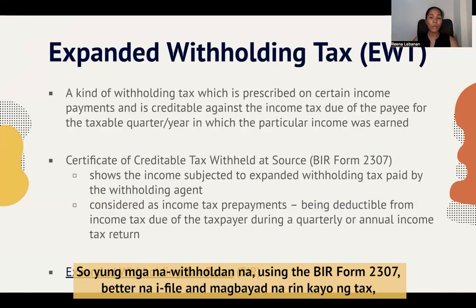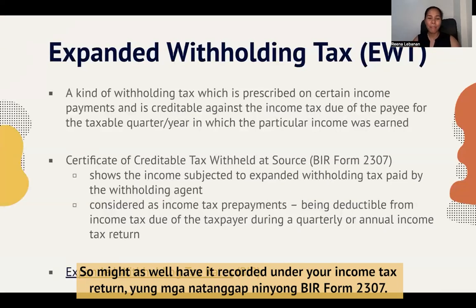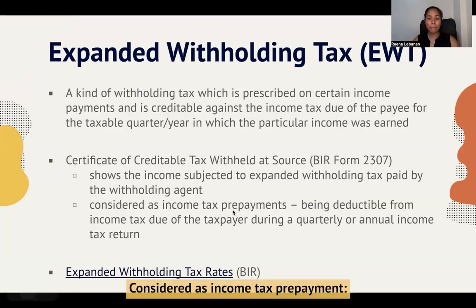So yung mga na-withholdan using the BIR Form 2307, better na i-file and magbayad na rin kayo ng tax kasi na-remit na yung partial doon eh. So, might as well have it recorded under your income tax return, yung mga natanggap ninyong BIR Form 2307. Considered as income tax prepayments.